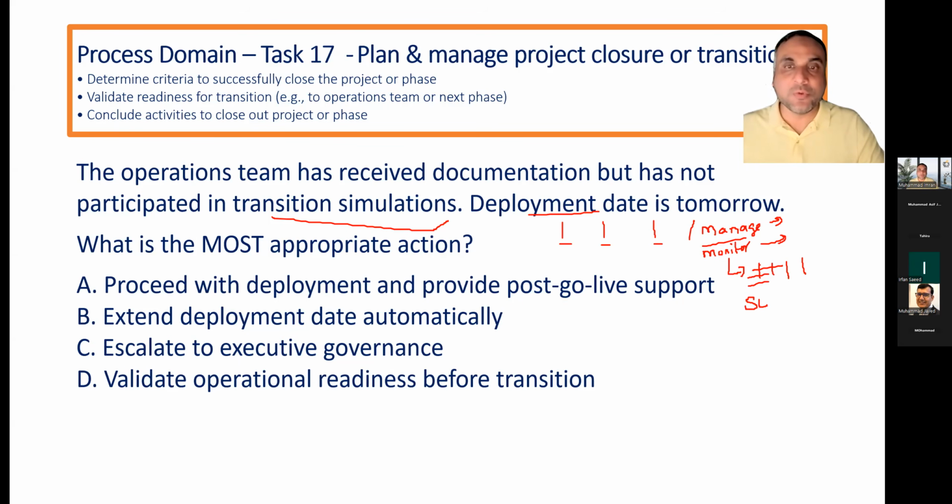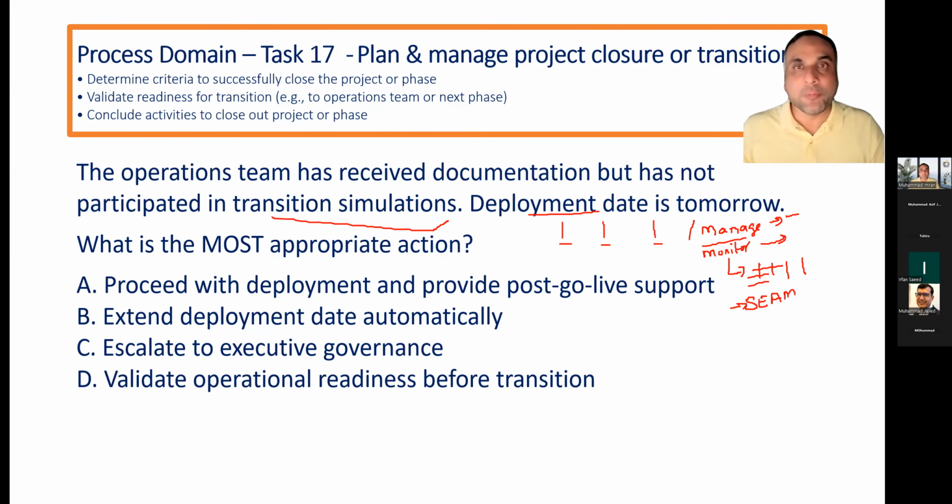Exactly. Same, the stakeholder engagement assessment matrix. So by managing and by monitoring, you are looking at their engagement also. So stakeholder engagement was not done appropriately. That's how you could avoid it.